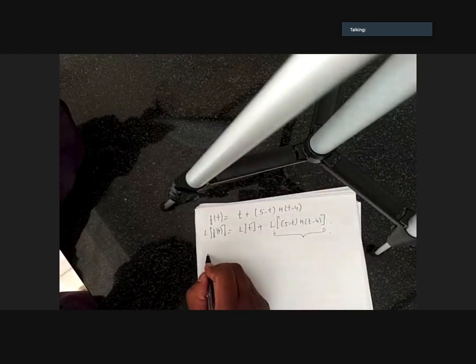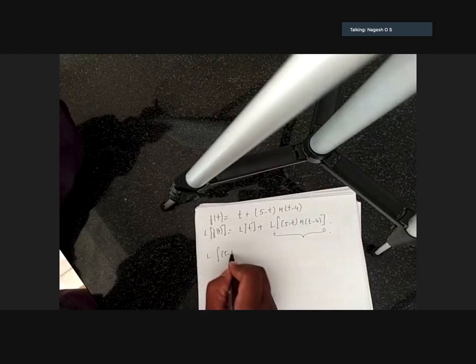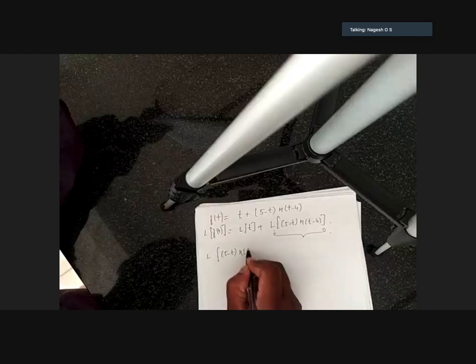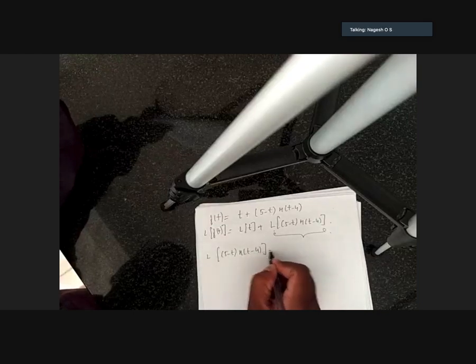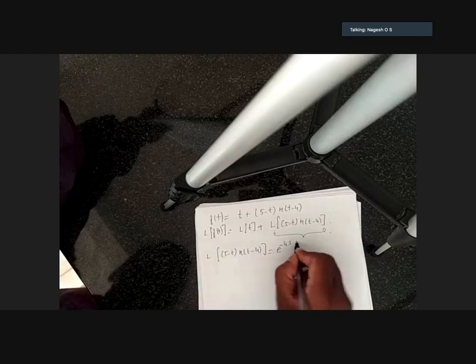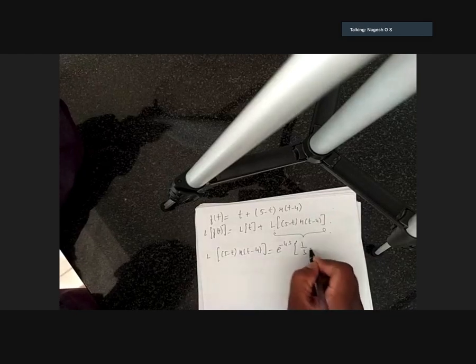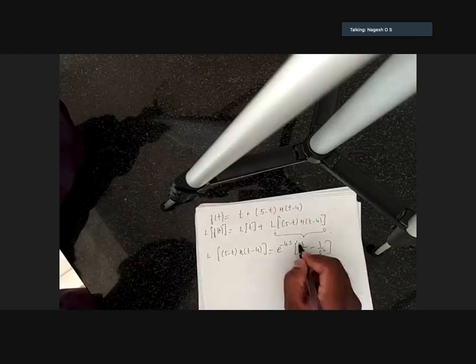Laplace transform of t minus 4, we took as 5 minus t. We'll substitute back: Laplace transform of 5 minus t, h of t minus 4 is equal to e power minus 4s into 1 by s minus 1 by s square.